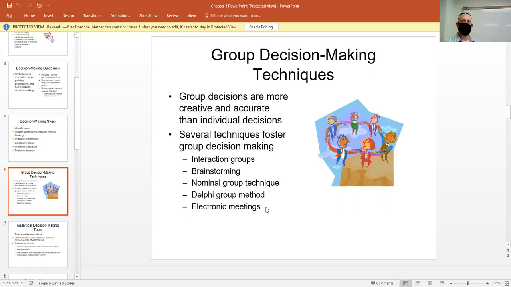Different people have different life experiences, so you're going to have different thoughts. Everybody's different, and sometimes you have people that are really strong creative thinkers and throw out so many ideas you just want to be like, shut up, that's enough. I'm sure y'all have all dealt with that person. They're more creative. Why would they be more accurate than individual decisions?